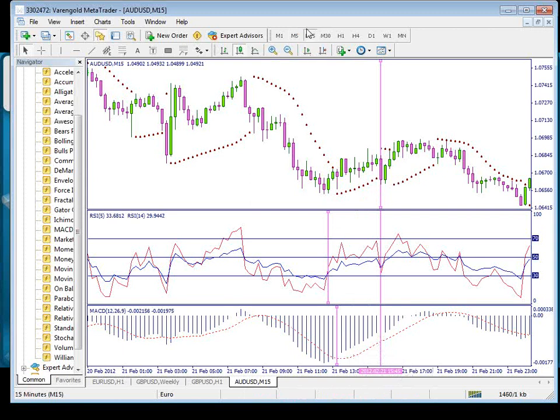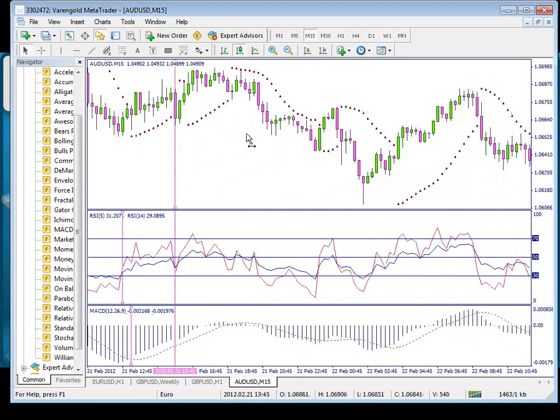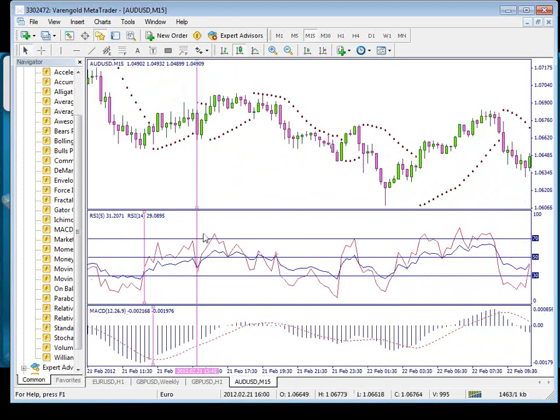This is happening with smaller time frame. A lot of signals and for small targets, and probably in this area we have one other sell.